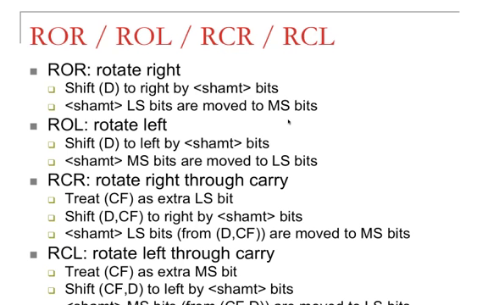The operation of this ROR instruction is that we shift the bits of the destination operand to the right by that many bits, and the least significant bits will be moved into the most significant bits. So it's like a circle, a loop. The bits shifted out from one side will be copied back in to the other side.